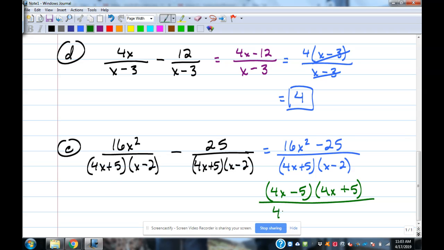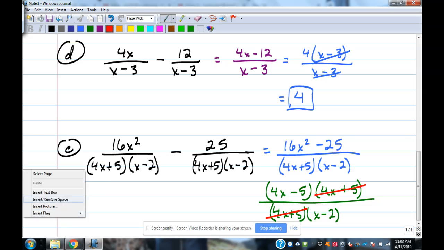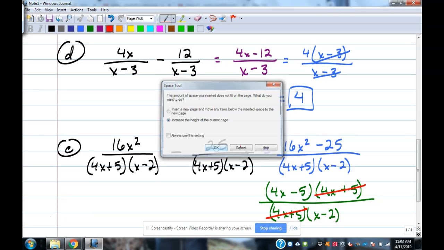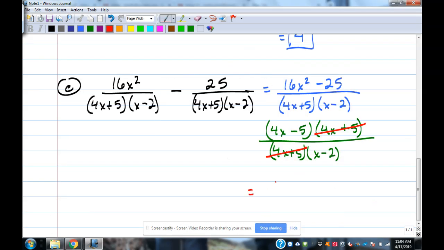And then 4x minus 5 times x minus 2 in the denominator. What do we know happens there? Yeah, the 4x minus 5s cancel each other out. And we're left with one thing in the numerator, one thing in the denominator. That's going to be our answer. 4x plus 5 over x minus 2.